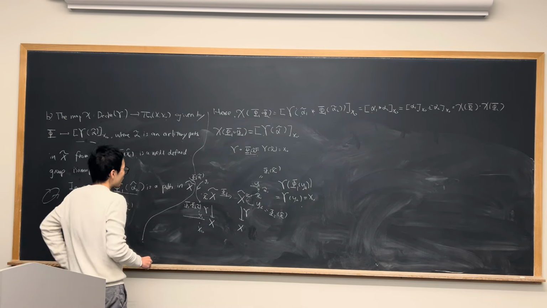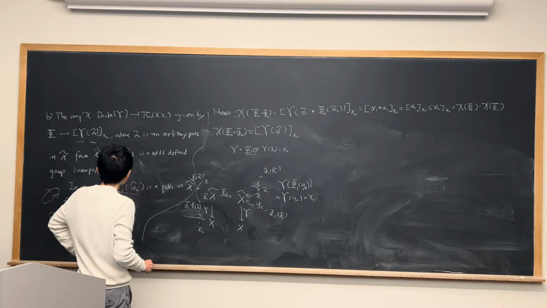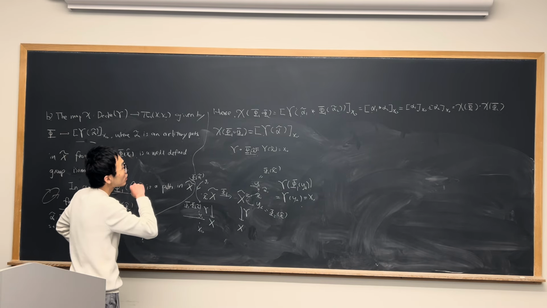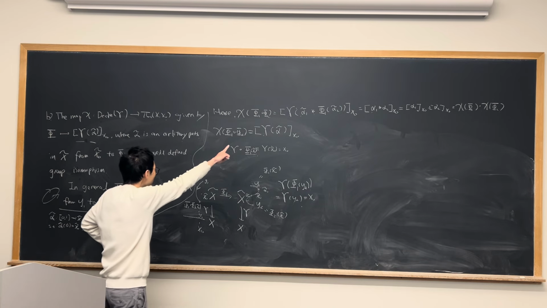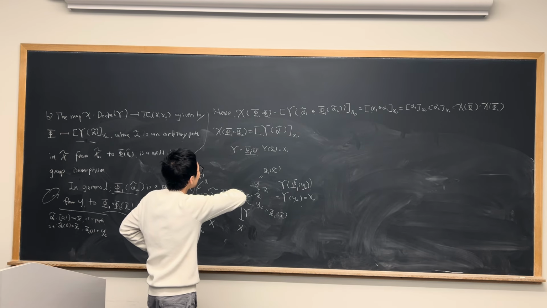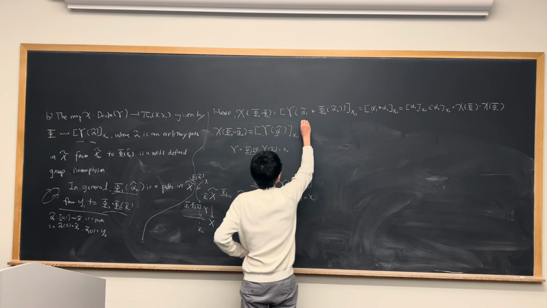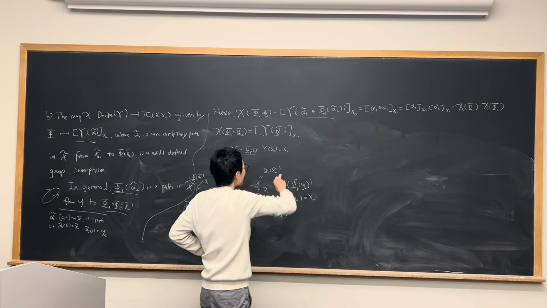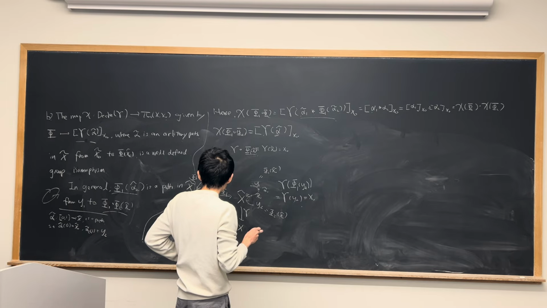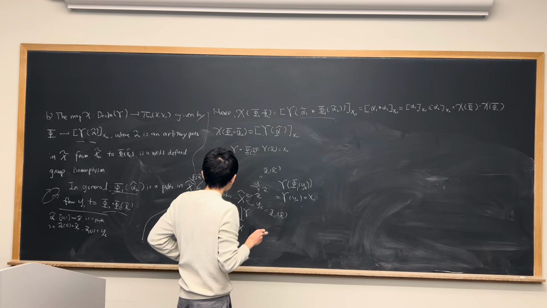Okay, and then what happened next? Here you think of this alpha as this one. So what happens if I concatenate with alpha 1? What is alpha 1?